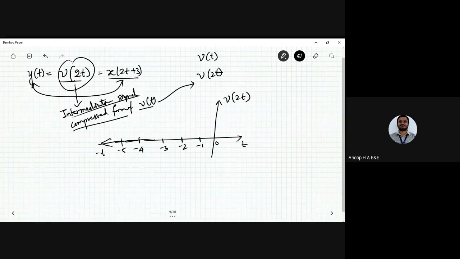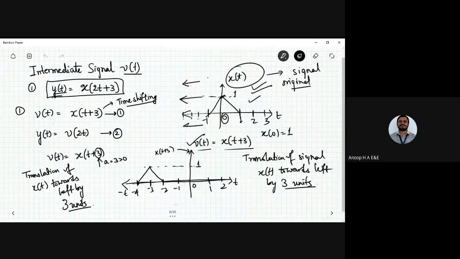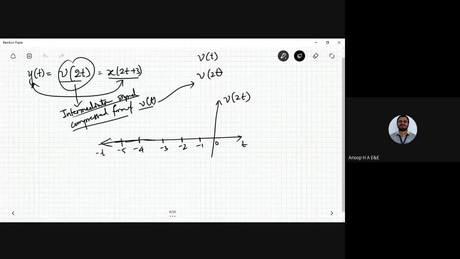So now what do I need to write here? This is minus 4. I need to have the signal v of 2t written. When t is equal to 0, v of 0, what is the value? That is 0 there. Next, t is equal to 1 by 2. What happens here?